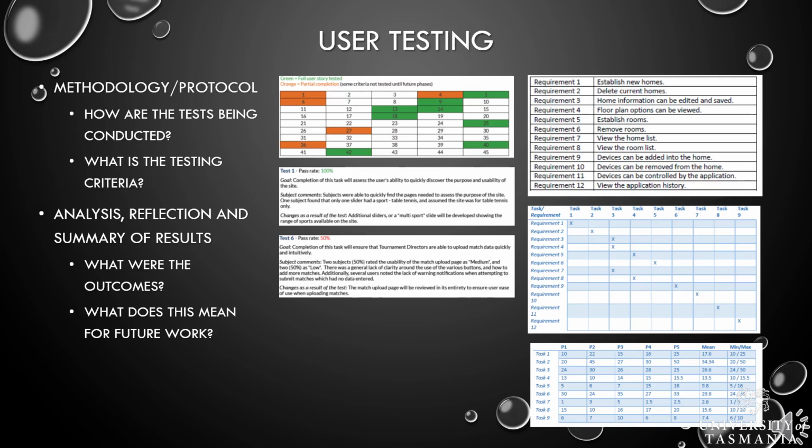On the right-hand columns, we have something quite similar, but with quite a different representation. What we see here are, again, the specifications of the requirements that were set out in your planning report. Then we have a matrix that traces both the requirement from the planning report and the task that was given to users in the user testing protocol.